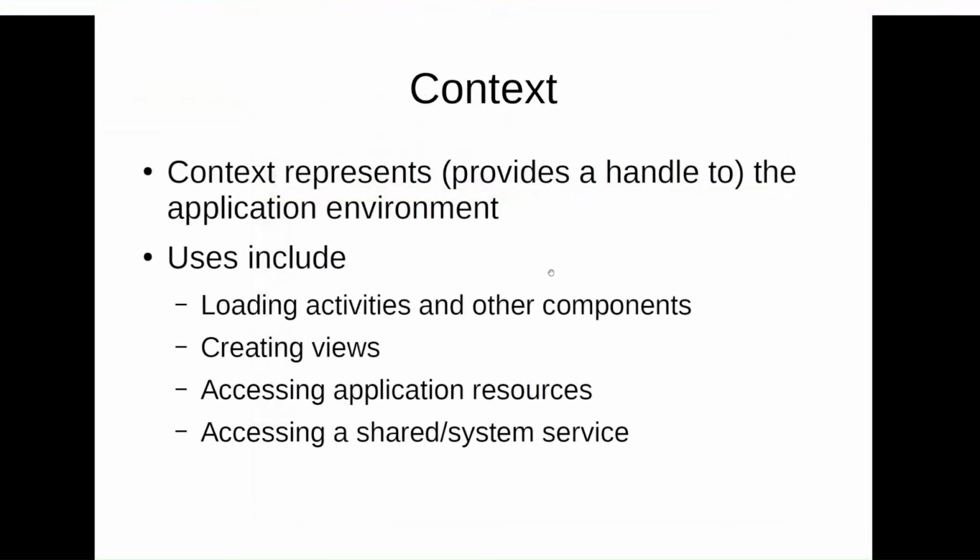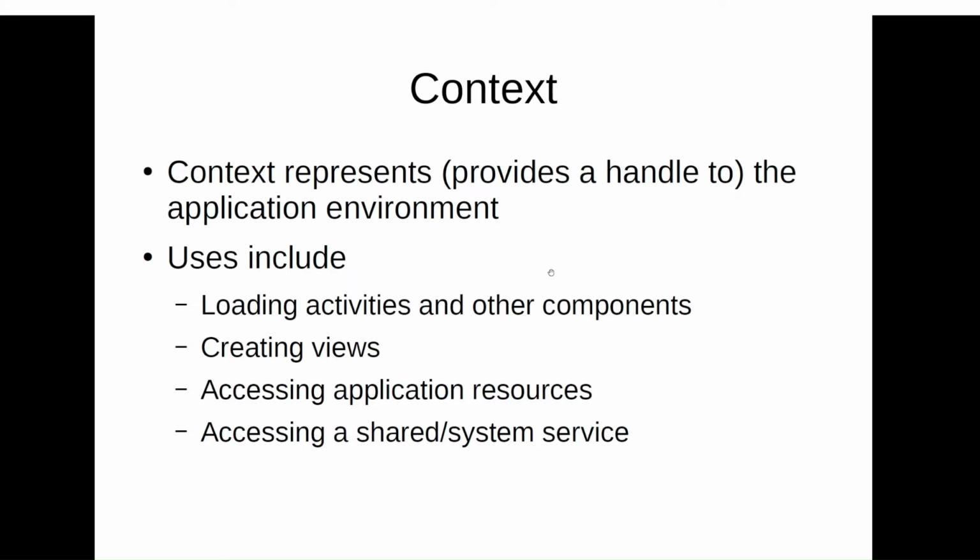So context is essentially a reference to the application environment or to the operating system itself. You could almost think of a context object as a system object, meaning it is an object that allows us to make calls to the system or to the underlying operating system to perform actions and operations that we cannot write code to perform ourselves, either because we don't have the privilege, the permissions, and the access, or we don't have the technical references.